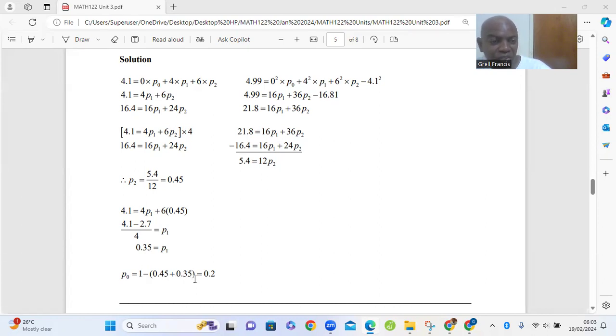So a simultaneous equation was formed together with the rule that the sum of the probabilities must add up to 1. So here we have equation 1 using the mean, equation 2 using the variance, applying the elimination method, simultaneous linear equations, and then applying the rule whereby the sum of the probabilities in any distribution must add up to 1.